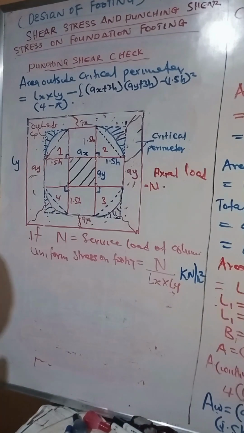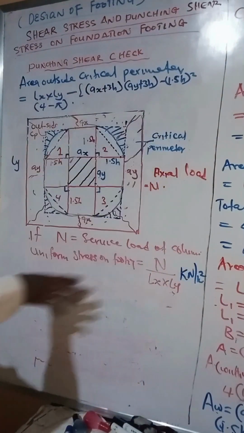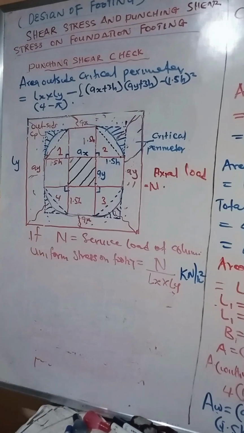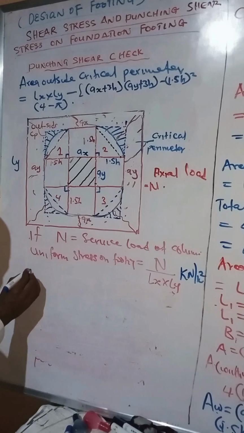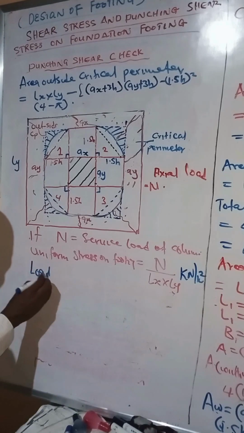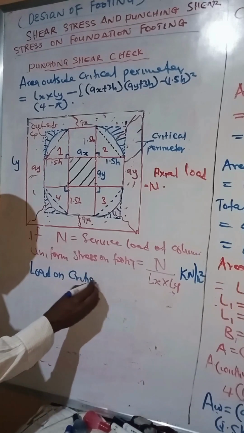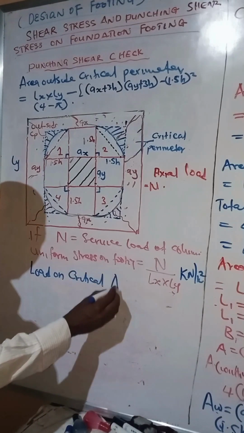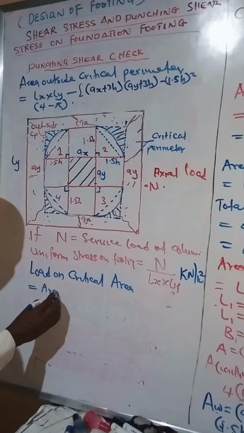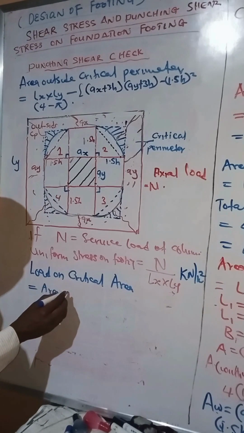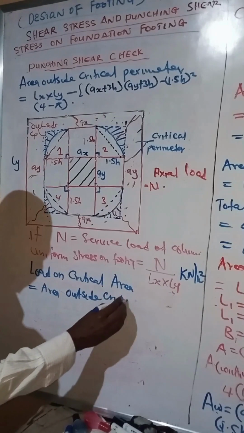So now for us to get the equivalent axial load that is being exerted outside the critical perimeter, we say that this uniform pressure, we can say the load on the critical area, is equal to the area outside the critical perimeter.